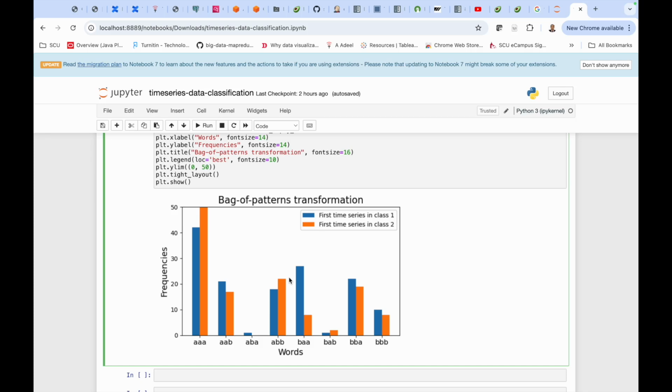And this is how the result of bag of words looks, where we have frequencies of each sequence of words, and then we can use those frequencies to calculate the weight vectors, and then use those weight vectors to identify labels on the testing data.